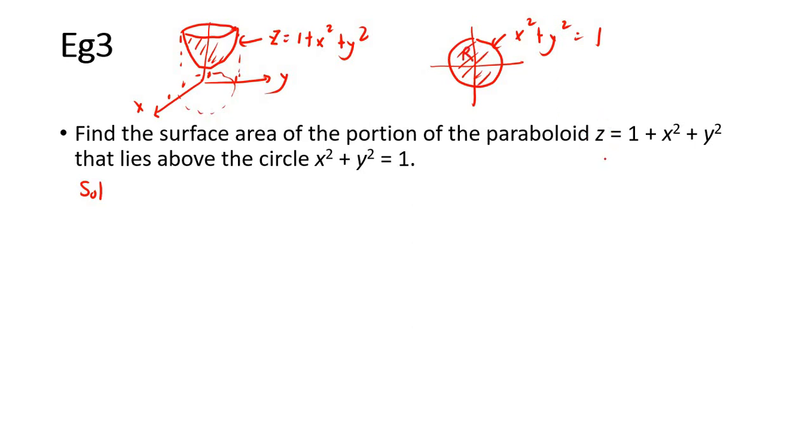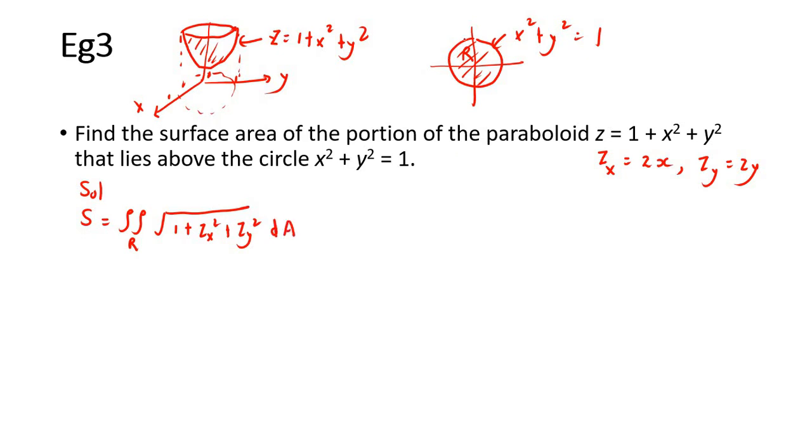Okay, so from z we find zx equals 2x, zy equals 2y. Your surface area is given by the double integral over region R of the square root of 1 plus zx squared plus zy squared dA.